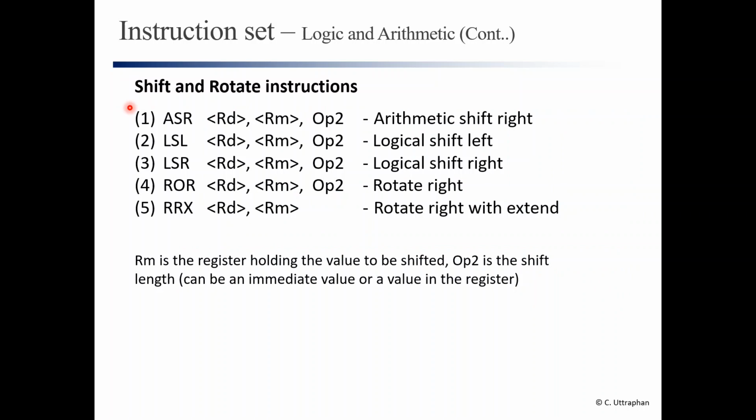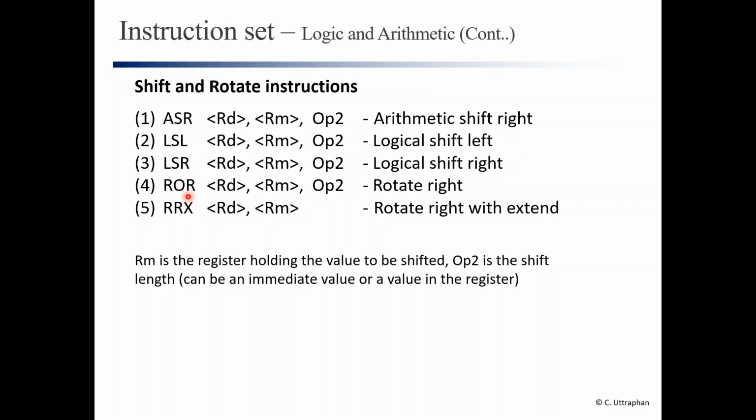We now go to another group of instructions, which are the shift and rotate instructions. There are 5 instructions as follows. Number 1, ASR, arithmetic shift right. Number 2, LSL, logical shift left. Number 3, LSR, logical shift right.